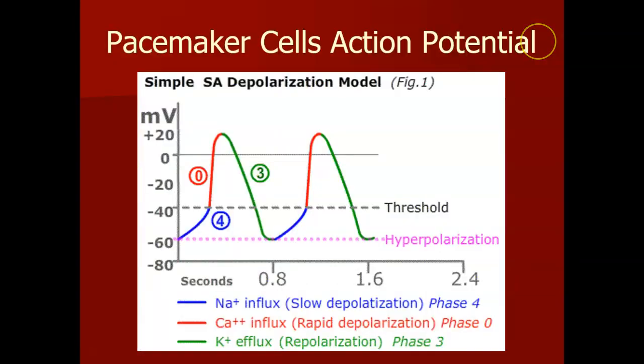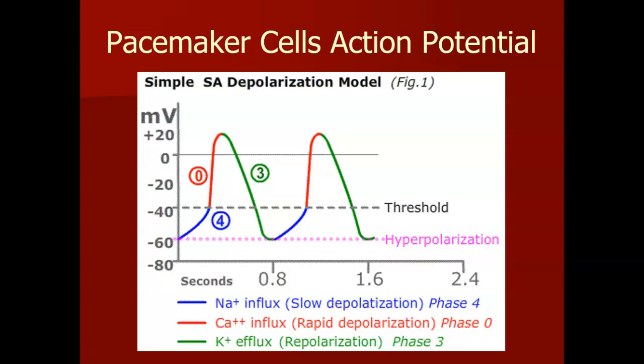So let's look at exactly how this works when we're talking about an action potential. You need to review in your own mind the steps of the action potential that we talked about in a neuron. We talked about how in a cell, there is a difference in charge from the outside to the inside, and this is called being polarized. In a typical cell, the outside is going to be more positive than the inside.